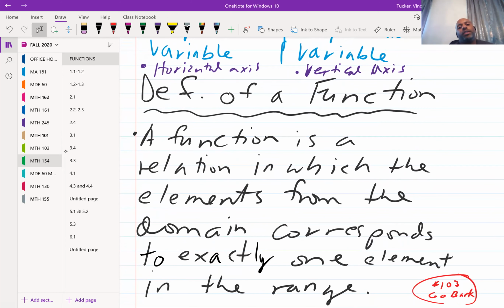All right, so definition of a function. A function is a relation in which the elements from the domain correspond to exactly one element in your range.